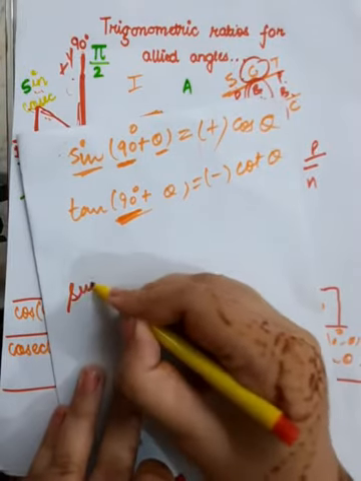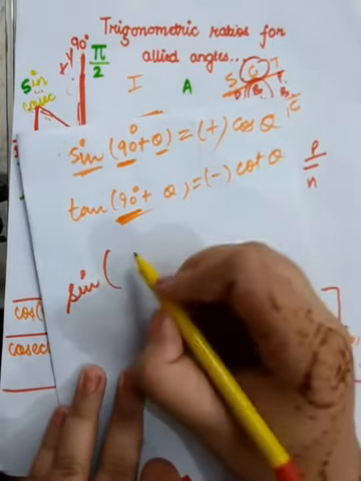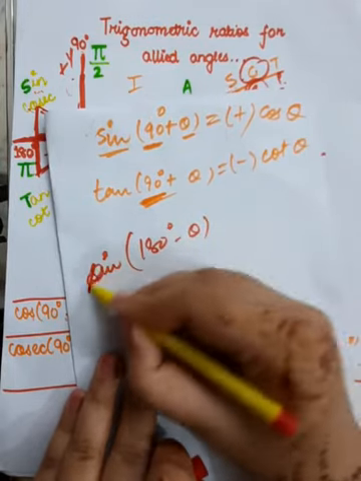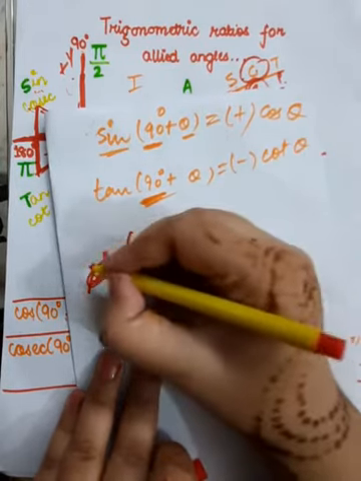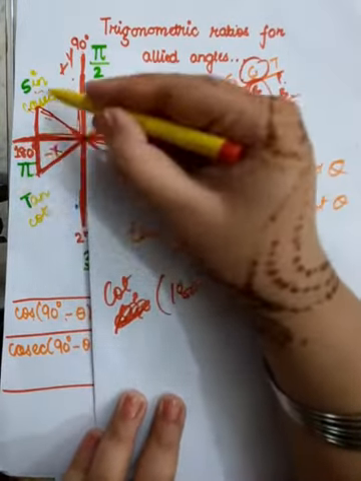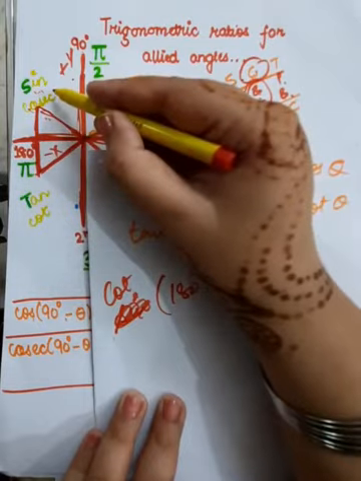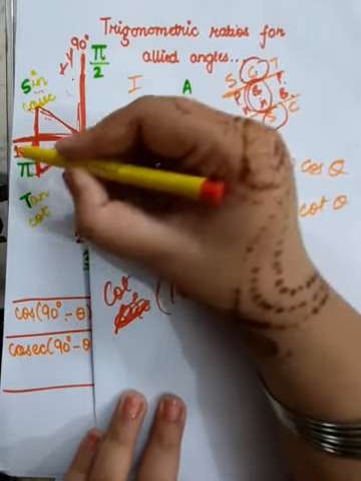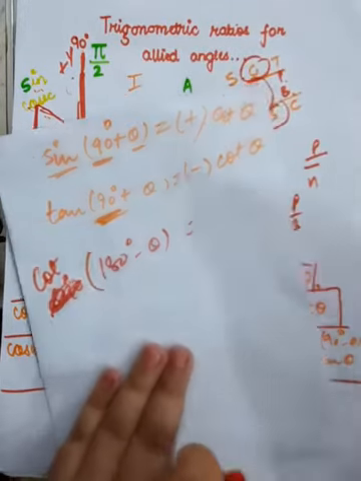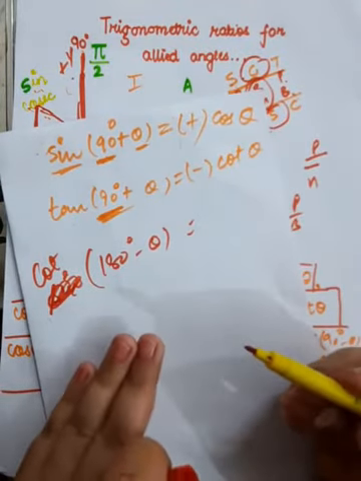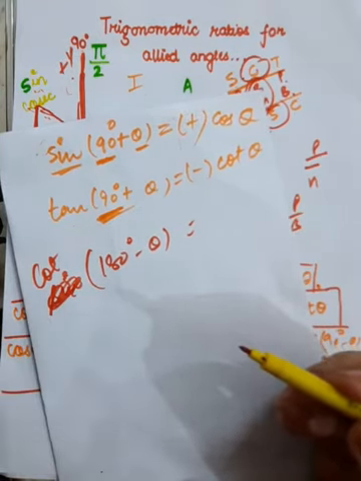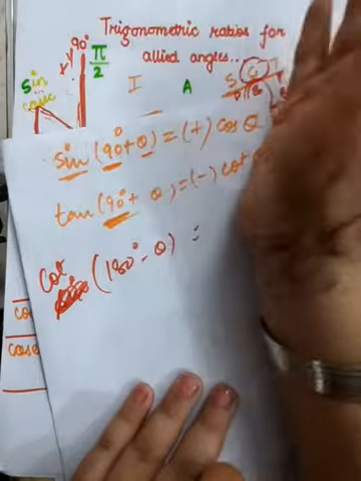You have cot 180 degree minus theta. 180 minus theta means you are moving in the second quadrant, because you are subtracting something from 180. If you are moving in the second quadrant, is cot positive or negative there? It is negative there because only sine and cosecant are positive there.